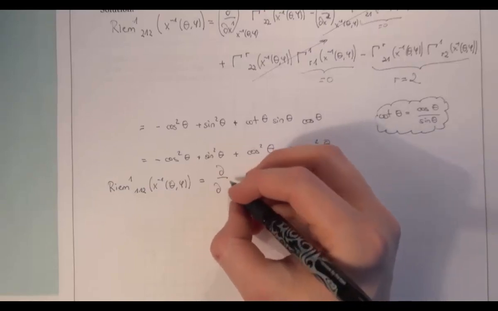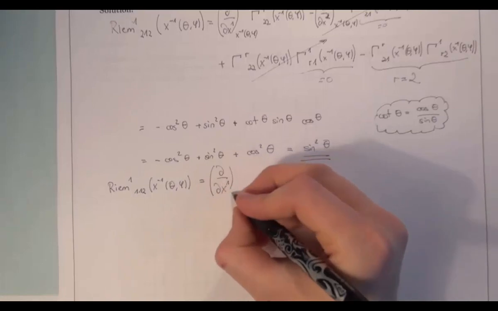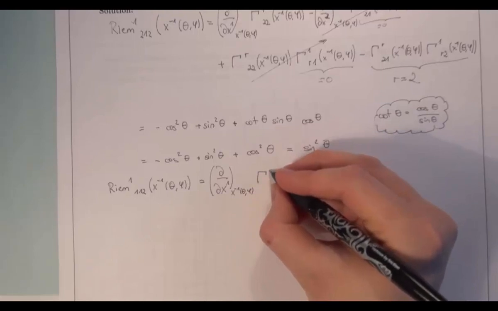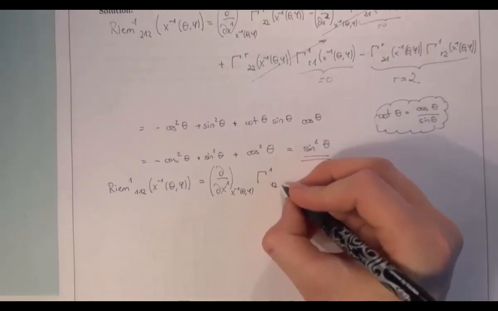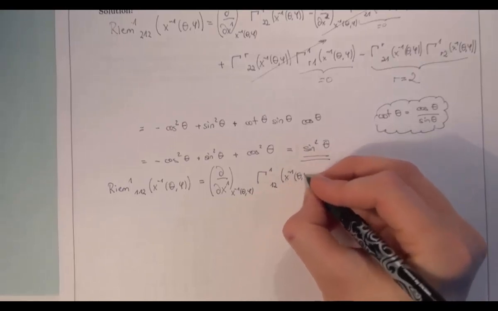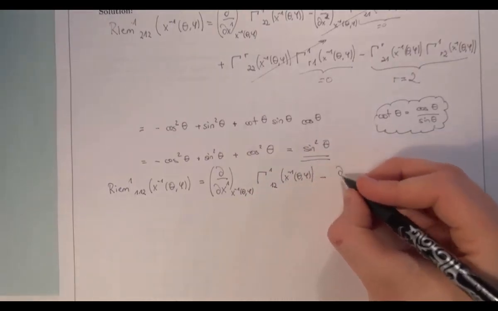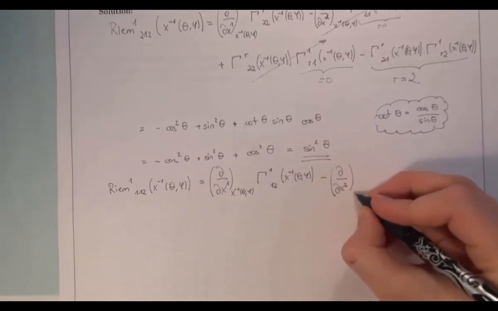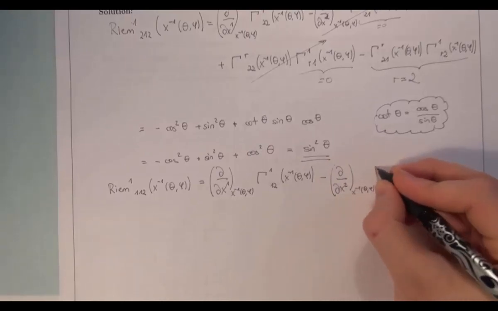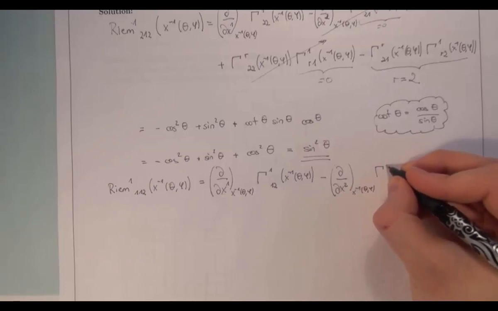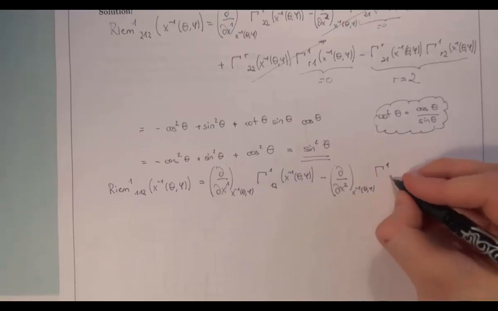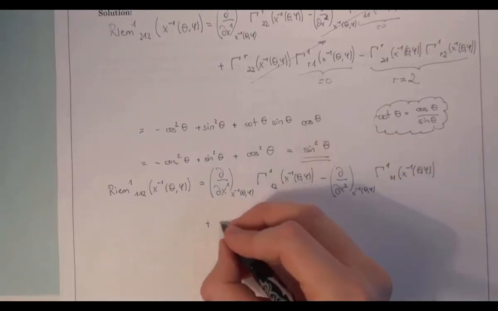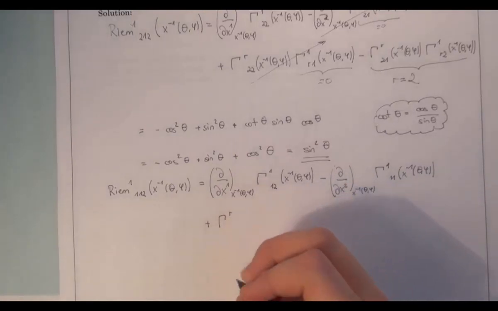So we again have that this is del x1 acting on gamma 1, 1, 2 at x inverse, minus del x2 acting on gamma 1, 1, 1 at x inverse, plus gamma, r has to stay for the moment.